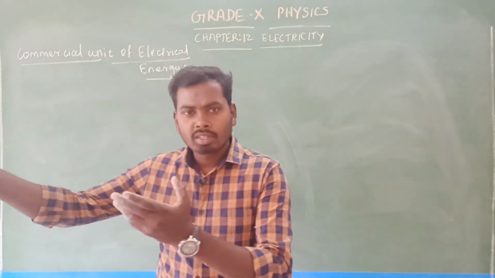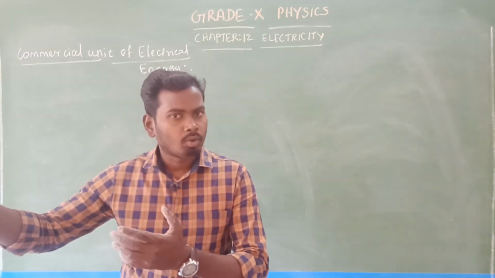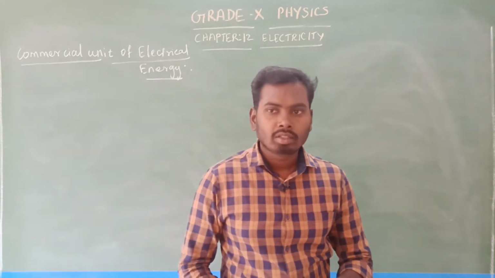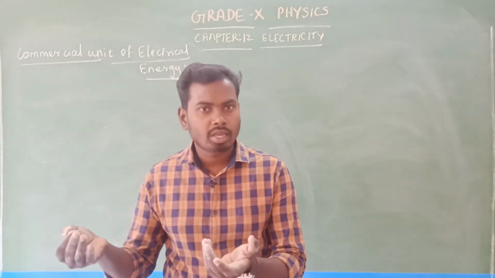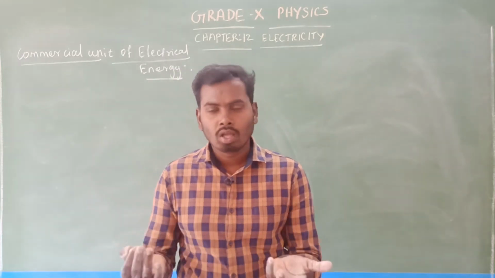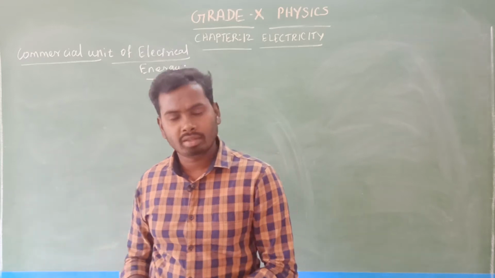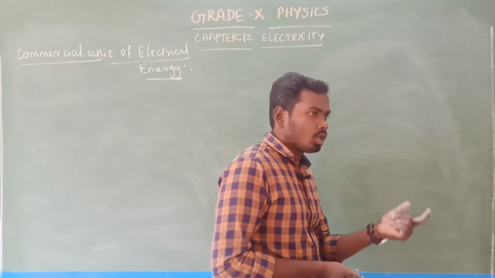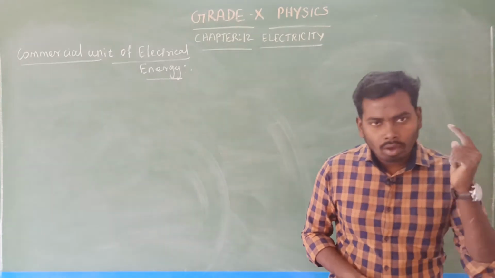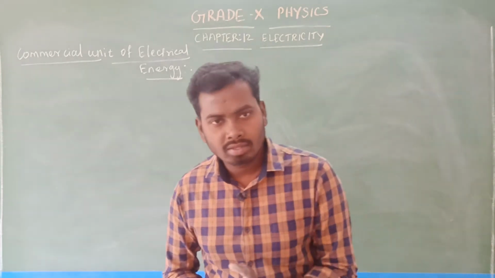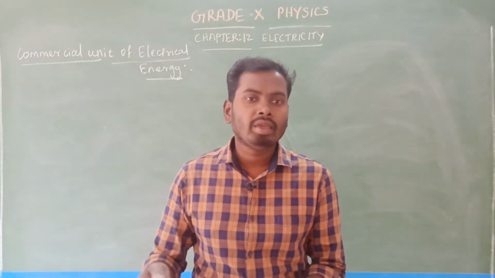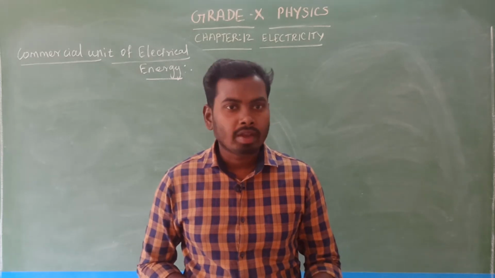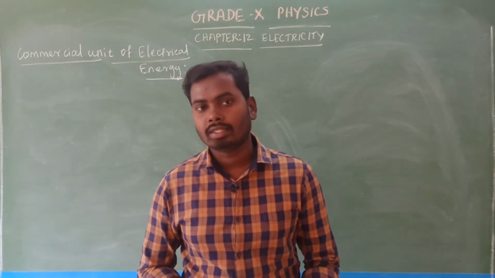The EB officer gives the electricity bill to us and we pay it. But have you ever thought why we pay, and on what basis we pay that amount? No, we never thought like that.